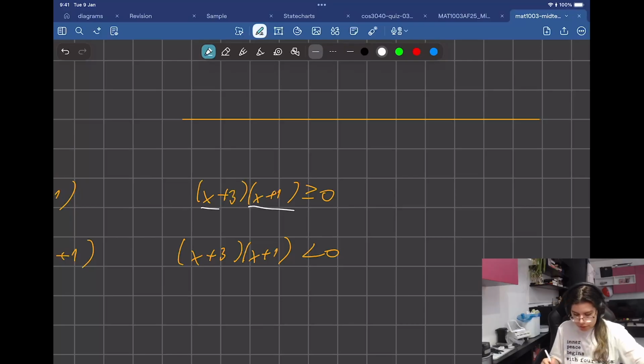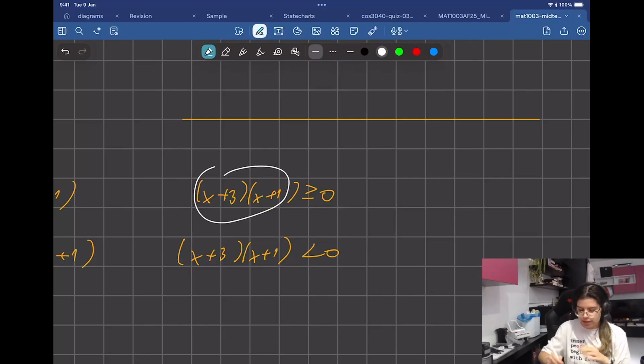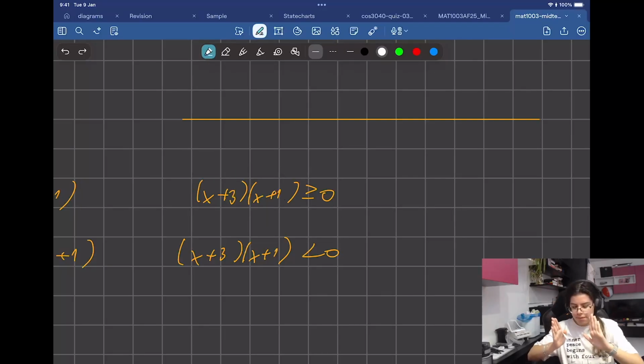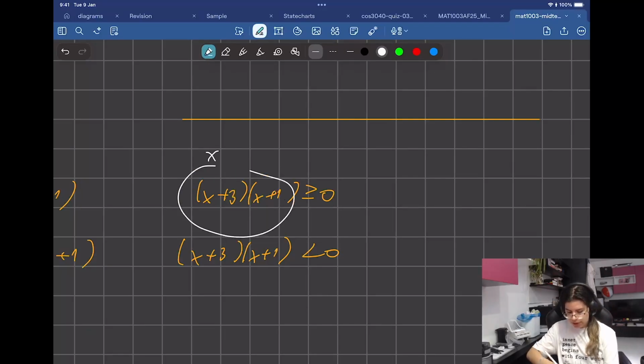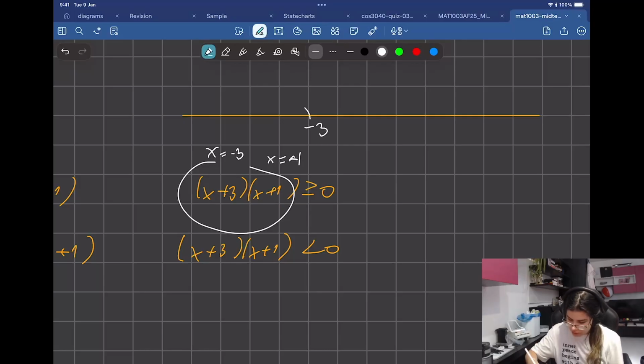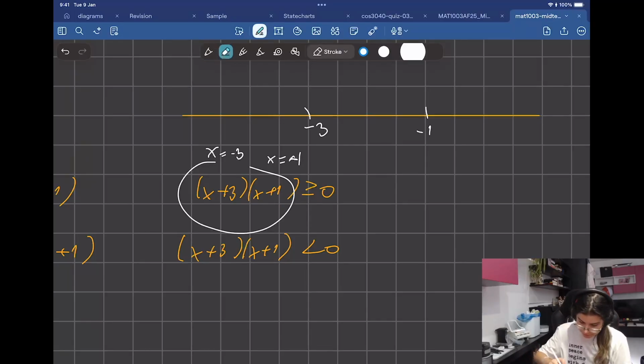For just a bit, I ignore the greater than sign here, and I just think about x plus 3 times x plus 1 equals 0. For which values of x would this equal 0? Just for a moment, okay? This would equal 0 for x equals minus 3 and x equals minus 1, right? So for minus 3 and minus 1, okay?